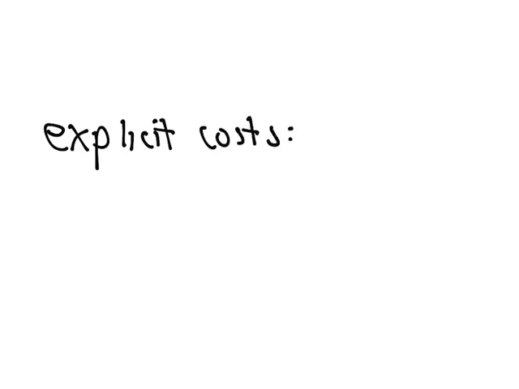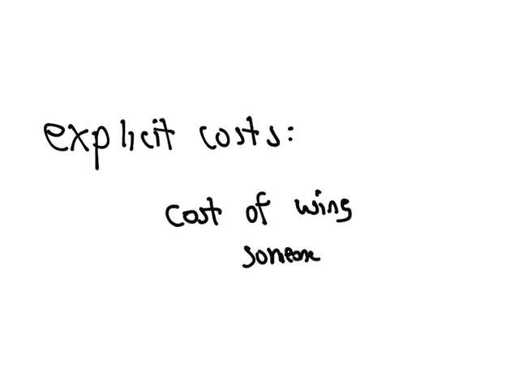And so I want to introduce something called explicit costs. So explicit costs are the cost of using someone else's resources, right? So this is what you tend to think of as a firm's cost, right?